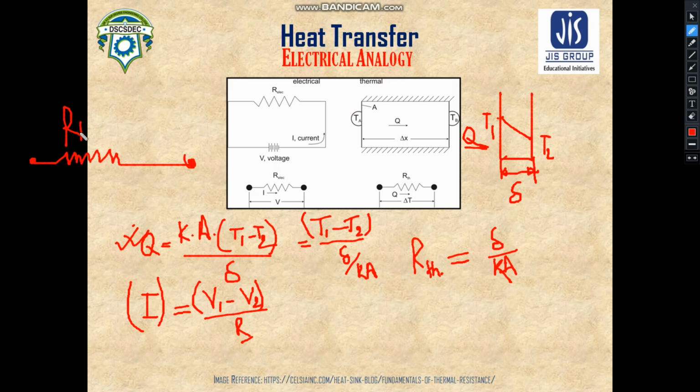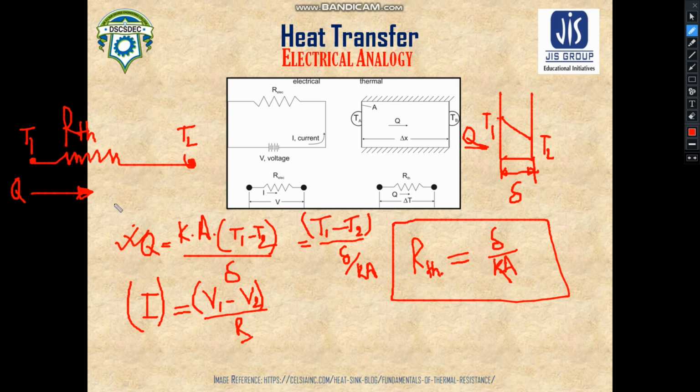This is the thermal resistance I am talking about. T1 and T2 are the temperatures at the endpoints, and because of the temperature difference between T1 and T2, this heat Q flows. So this thermal resistance will be denoted by this formula: the thickness divided by the multiplication of thermal conductivity into area. Okay, so this is the concept of electrical analogy or thermal resistance.